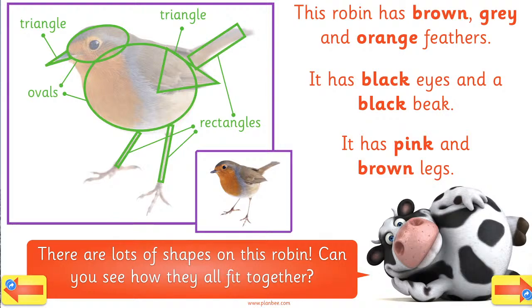So, looking at these shapes, did you see these shapes? So, that tail we talked about earlier could be a rectangle. Well done.